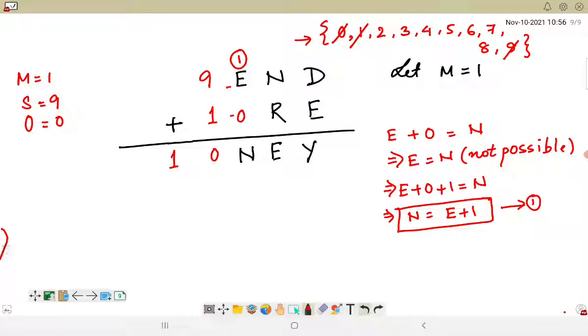Now let us move to the next one, which is n plus r. So if we are considering n plus r, it is giving me e, right? So essentially this e has to be a double digit number.